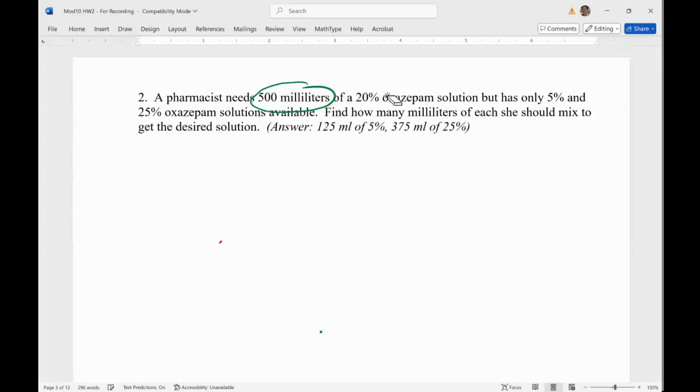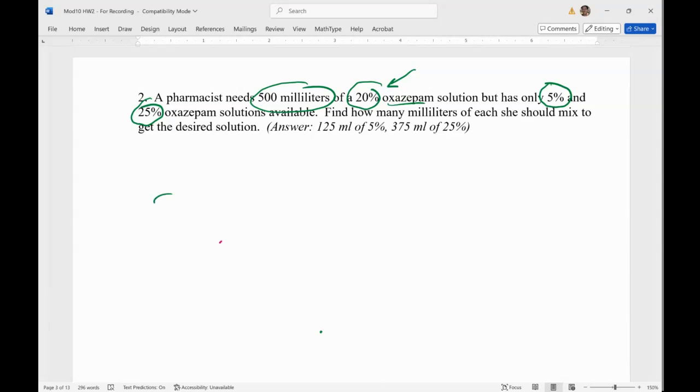You need 500 milliliters of something that is 20% Oxa. But you don't have any 20% Oxa stuff. You have a 5% solution and you have a 25% solution. So how are you going to make from those two a solution that is 20% Oxa?